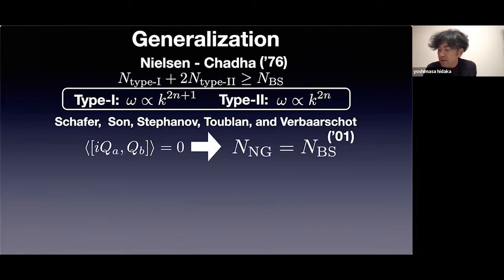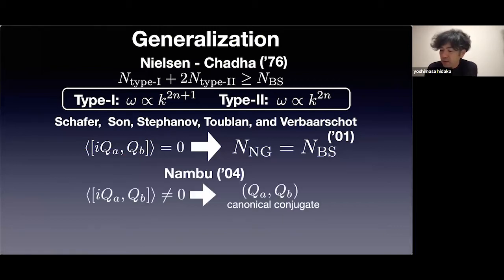But after several years, a further theorem was found. If Q_A and Q_B are symmetry generators, and the expectation value of the commutator of these charges is equal to 0, then equality holds: the number of energy modes is equal to the number of broken symmetries. The key point is this operator, this order parameter.